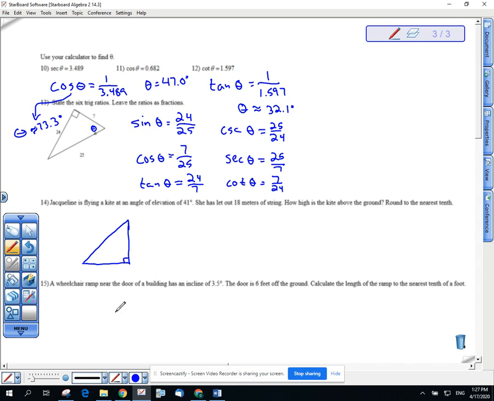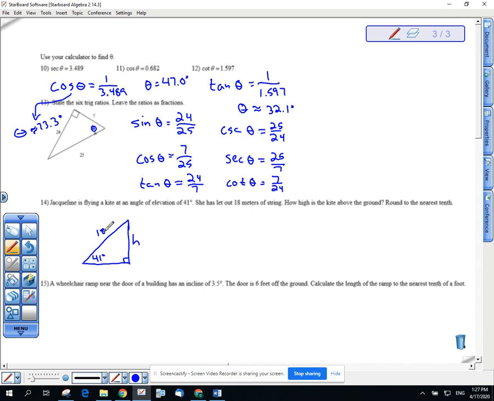But here's the situation. The angle of elevation means the angle that it's making with the ground is 41 degrees. The amount of string that she's let out is 18. We're trying to find the height, that I'm letting be h. So now again, we need to refer to SOHCAHTOA. Which one is this? Here's the angle. Here's opposite.